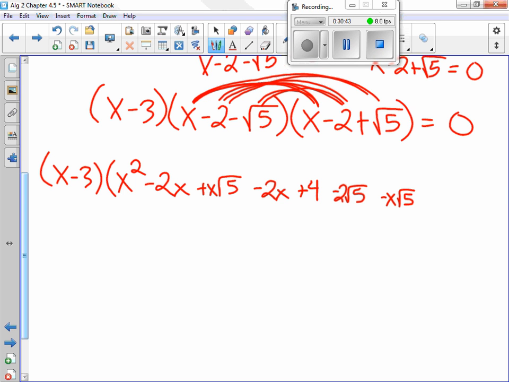Negative 2 times negative square root of 5 would be plus 2 square root of 5. Negative square root of 5 times the square root of 5 would be negative what? It'd be the square root of 5 squared, because it's the same thing, or the square root of 25. Because 5 times 5 would be 25, and the square root of 25 is 5. So it simplifies.